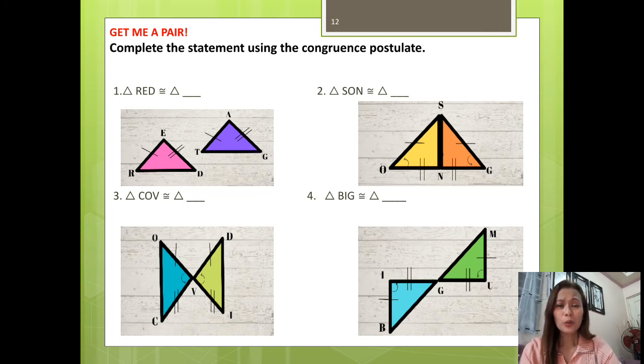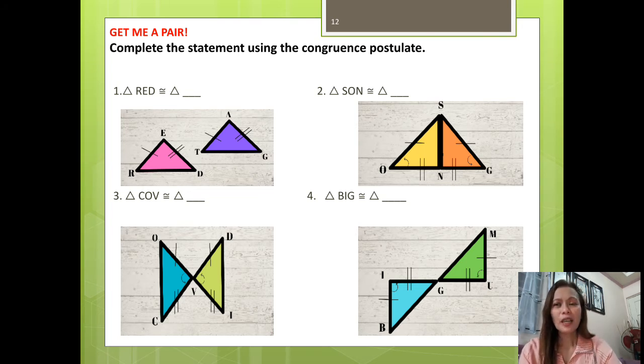So we're now going to base on the given two figures of triangles. Using the identical mark, you're now going to follow the vertices or the angles.